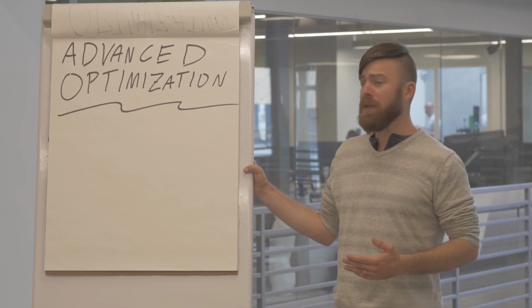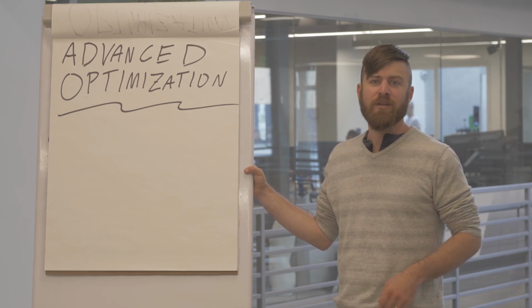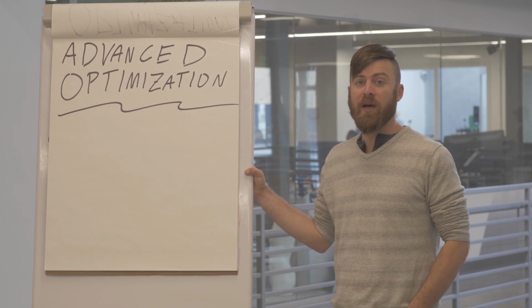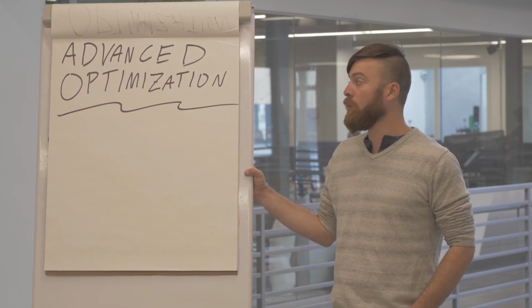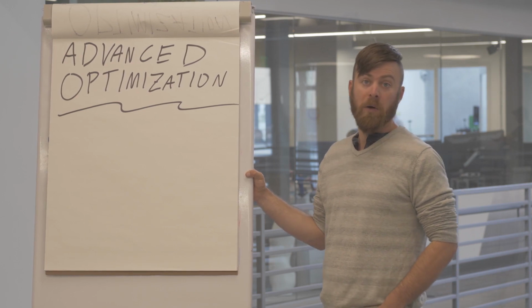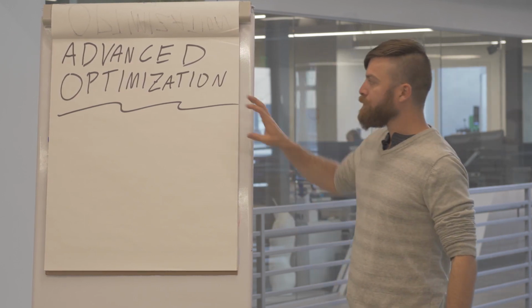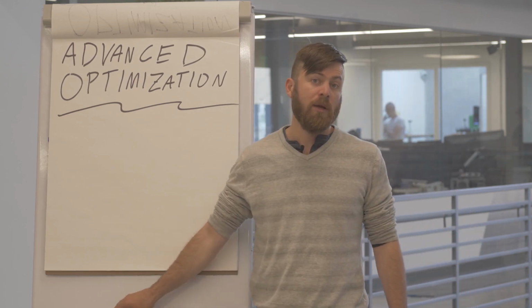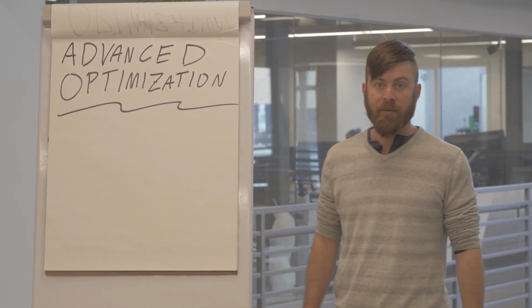But for me, this has been huge. So I'm going to go over all of the different elements of optimization that are really important. I'm going to start off with some targeting levels of optimization.